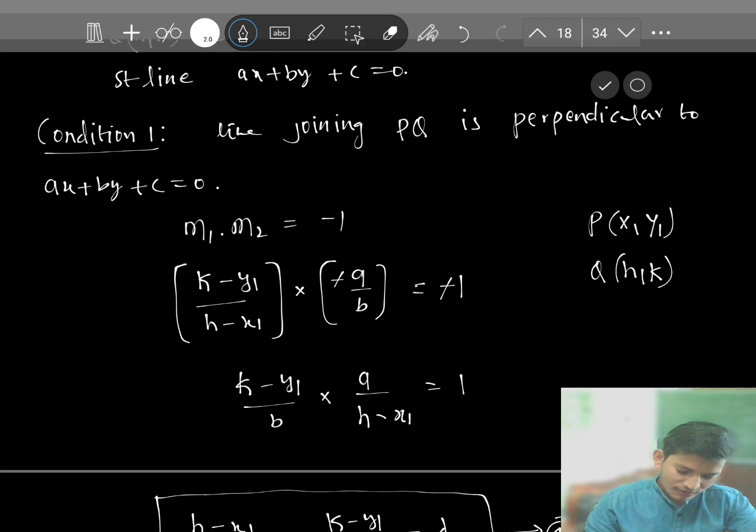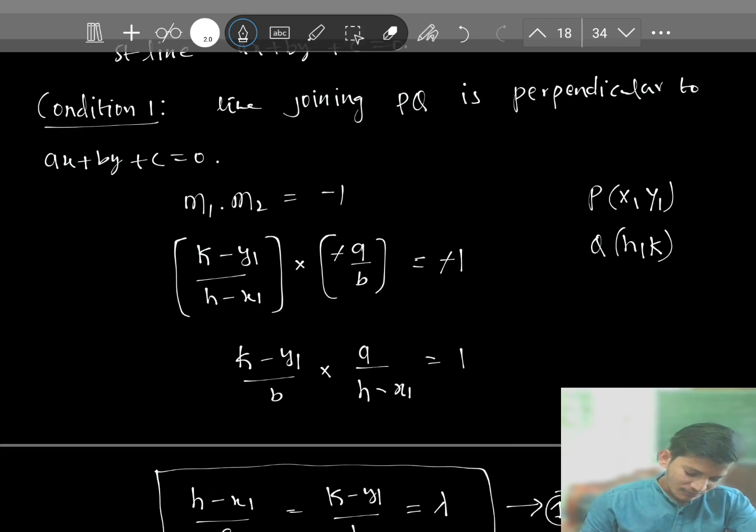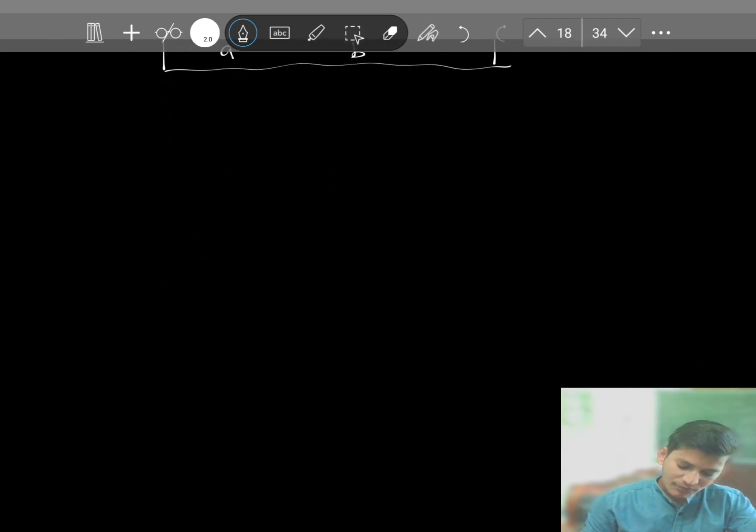Equation number 1. So I have completed condition number 1, which was that the line joining PQ is perpendicular to the straight line ax plus by plus c equals to 0.